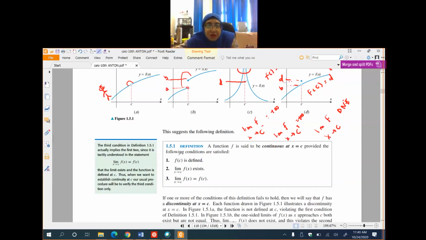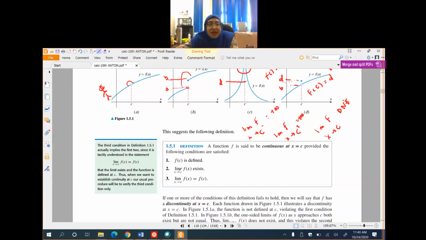So that's why we come to the conclusion that a continuous function must satisfy these three conditions. The first one is f of c is defined. For the first graph, f of c is not defined, so we just have the hollow dots, so it is not continuous.